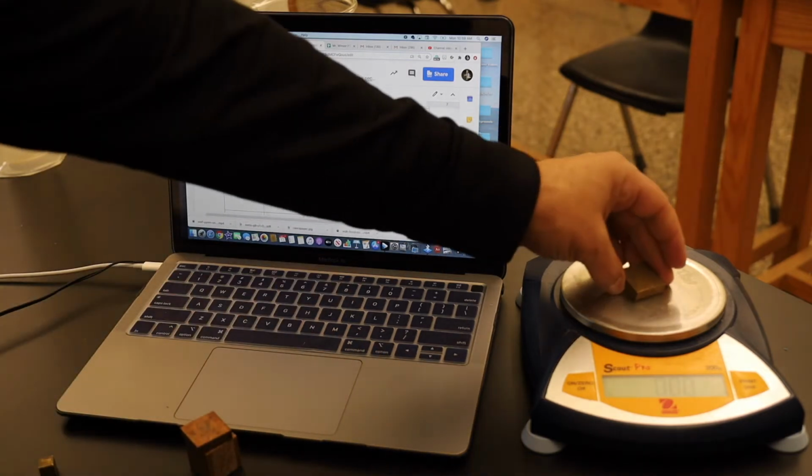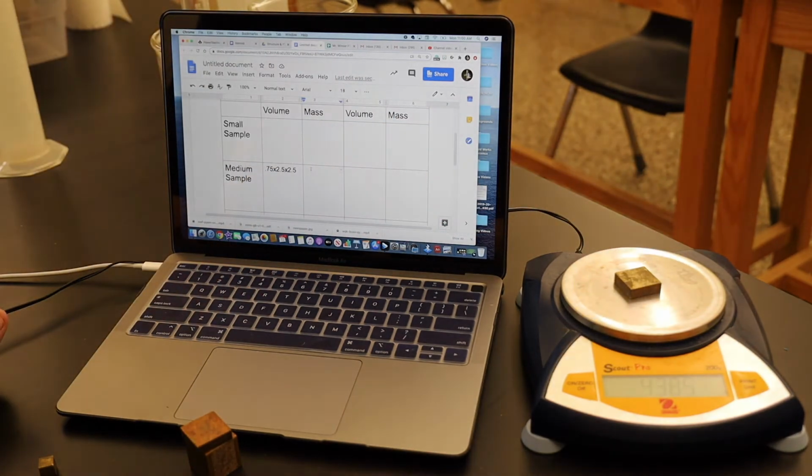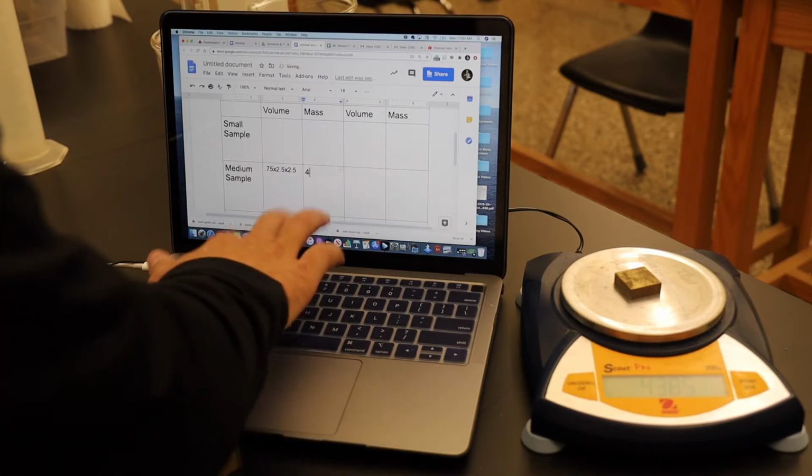And the mass of this object is 43.85 grams.